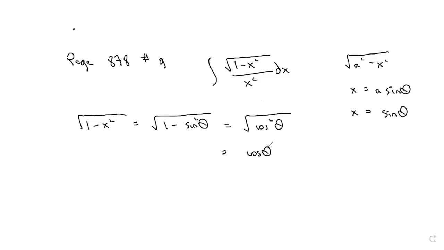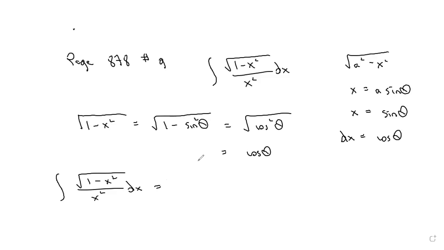What else do we need? dx is pretty easy to find. x is sine theta, the derivative of sine is cos, so dx is cos theta d theta. For the x squared part, we'll just put that in when we write the actual expression. That'll just be sine squared. So let's put everything in. Here's the original integral, 1 minus x squared over x squared dx. Then you substitute in everything that you've collected and make sure everything's accounted for: the square root, the bottom part, and the dx part.